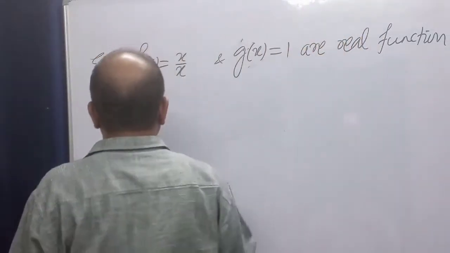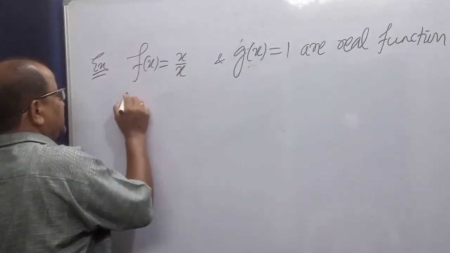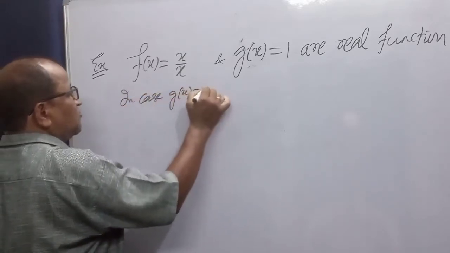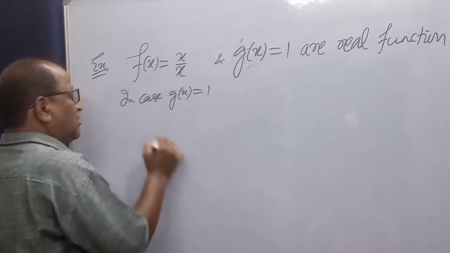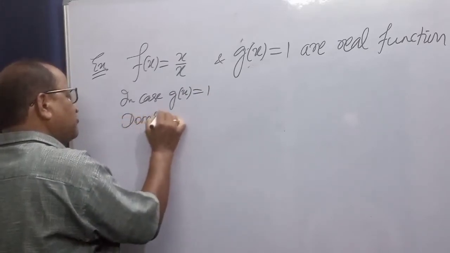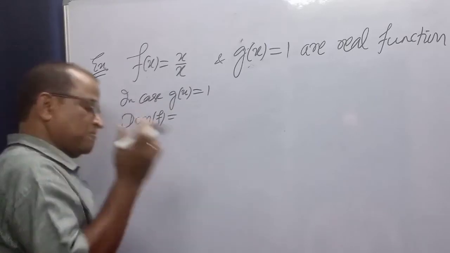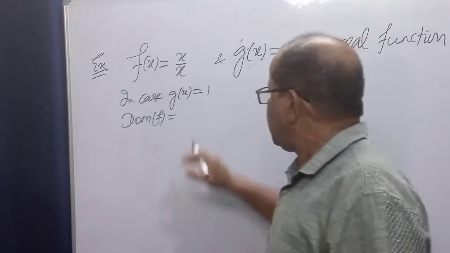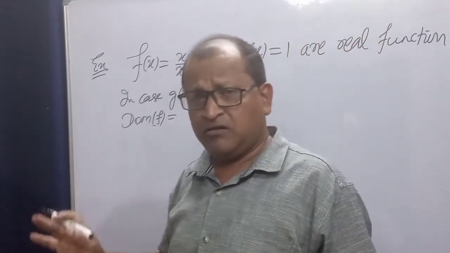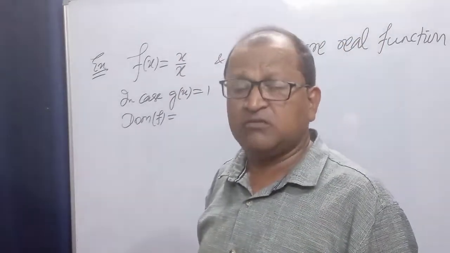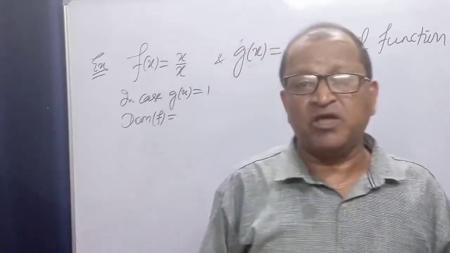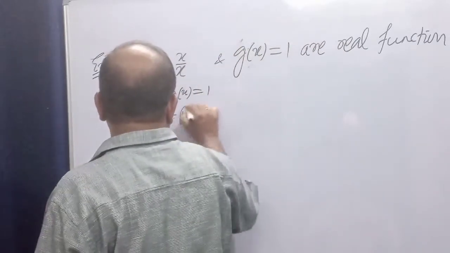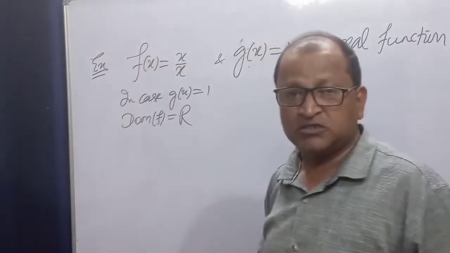Let us see. In case of g, g(x) is equal to 1. What will the domain be? We have read in the previous video how to find the domain of a real function. It is a constant function. Domain means the maximal domain, the natural domain. The natural domain of the constant function is the whole set of real numbers.